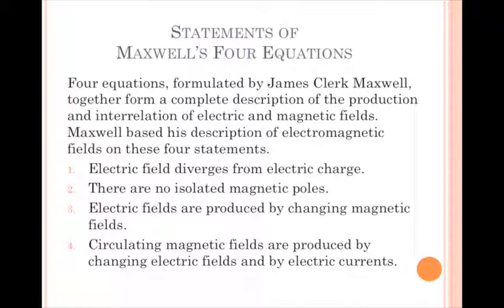So we can also produce circulating magnetic fields by changing the electric fields. So they both affect each other, basically, is what Maxwell's saying: electricity affects magnetism and magnetism affects electricity.